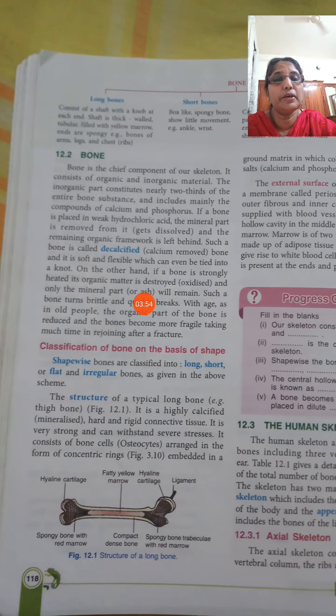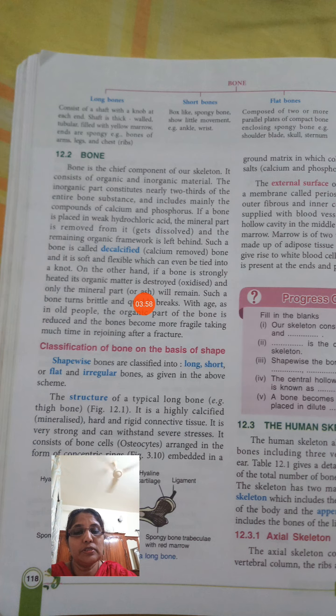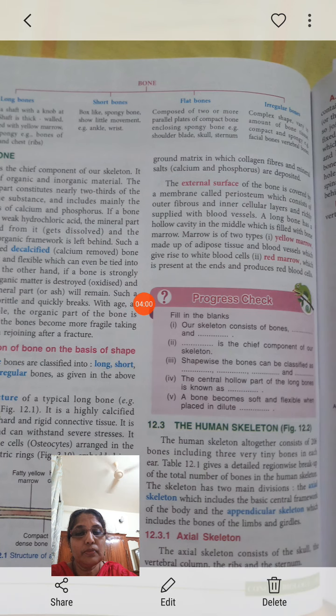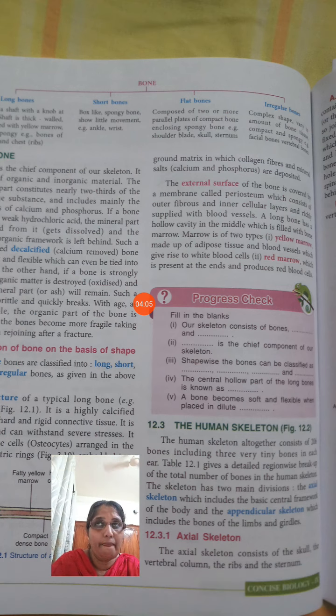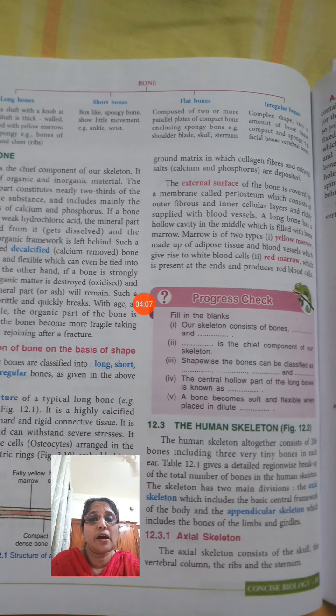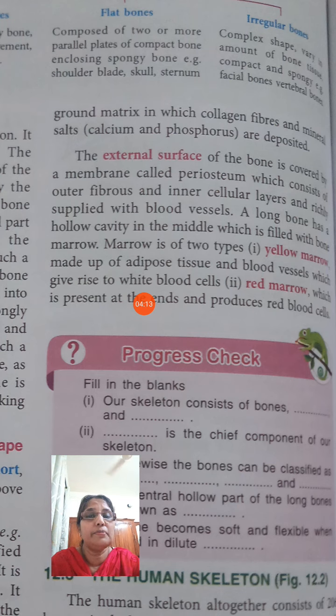So if we break the bone, we can feel the pain, because many blood vessels and nerves are running through the bone. Then its external surface is covered by a particular membrane known as the periosteum.